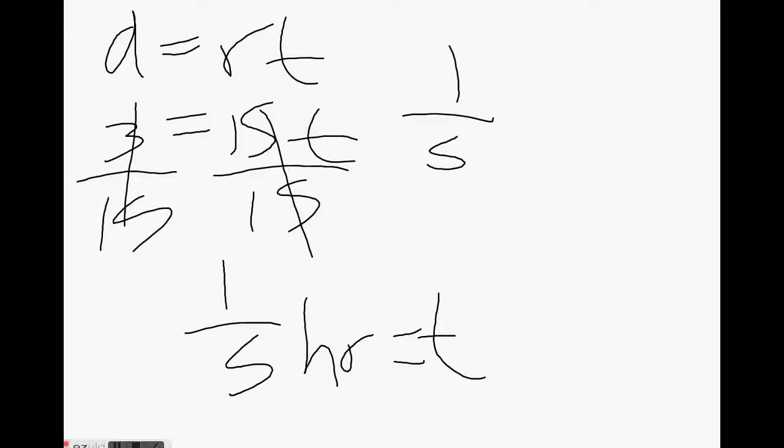So we have to change 1/5 of an hour to minutes, because that's what it's asking for. Actually, let me rewrite this more clearly.